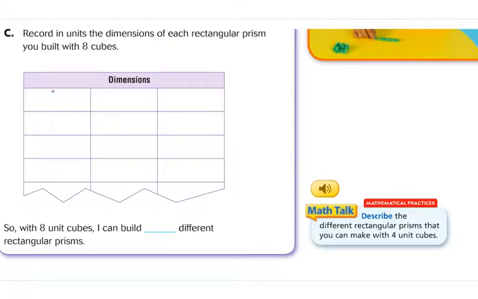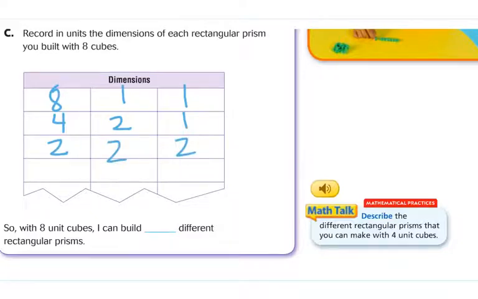If we have 8 unit cubes, we can have 8 of them all together, or we can have a length of 4 units, a width of 2 units, and a height of 1 unit, or we can have a length of 2 units, a width of 2 units, and a height of 2 units.